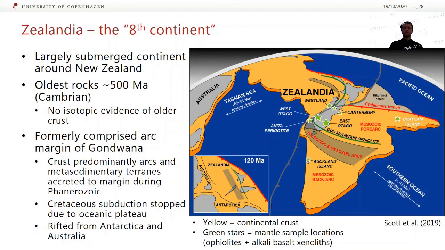After that, it rifted from Antarctica and Australia, as I mentioned. And on this diagram, the green stars are where Scott et al. had mantle samples available. So these are a mix of ophiolites. The prominent green line there is the Dun Mountain ophiolite, which gave the name to dunite.